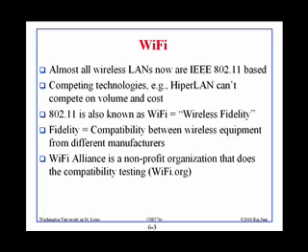So what is the difference between Wi-Fi and 802.11? All the local area networking standards are done by IEEE. IEEE started this business of local area networking standards in 1980, and I was involved at that time.